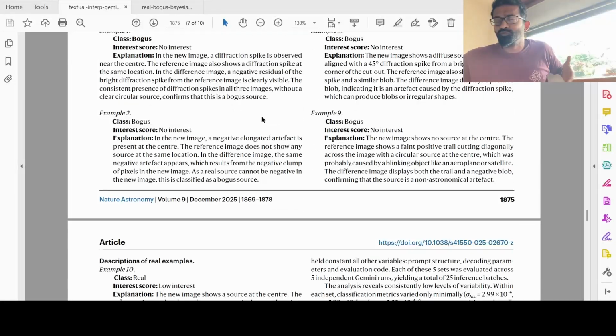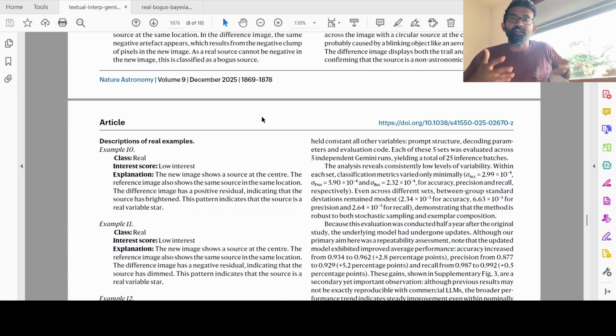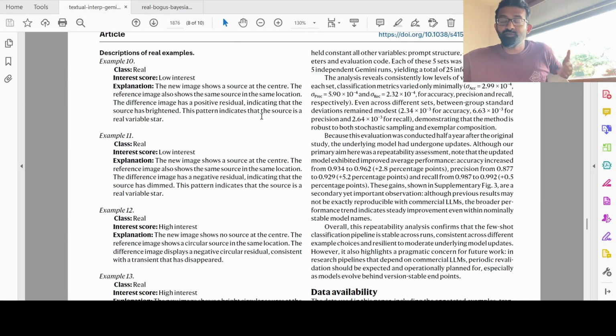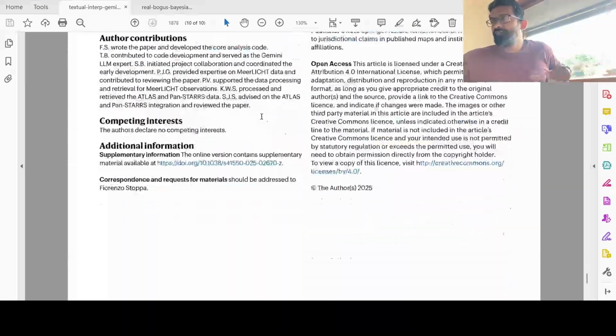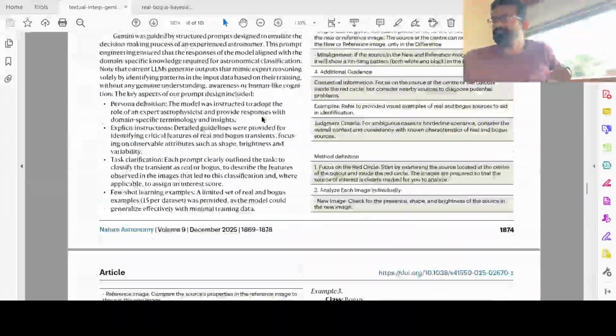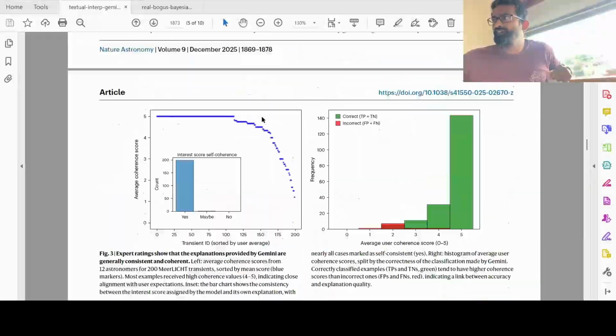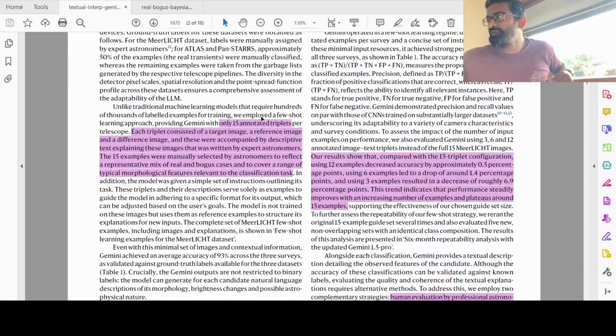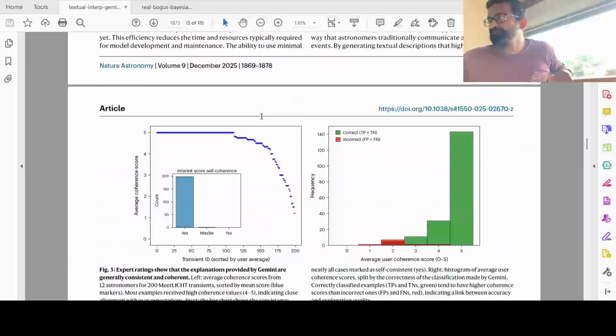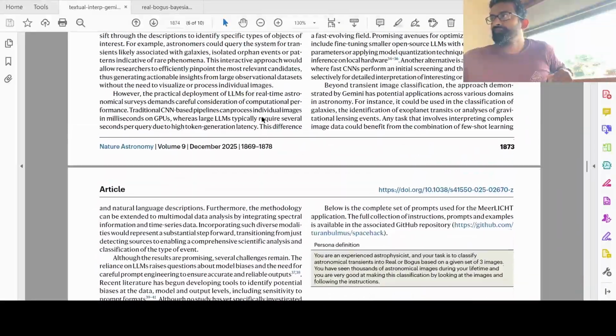By the way, you can go through the methods, exactly what they gave within the text. Let's see some of the drawbacks here. They mention very specifically somewhere here. Let me see. Here.